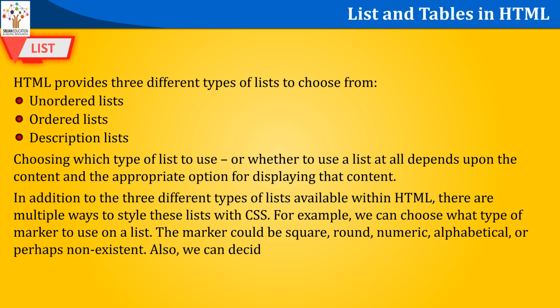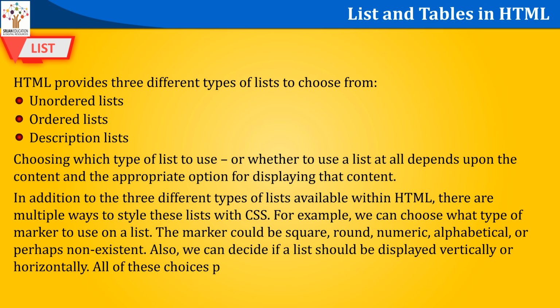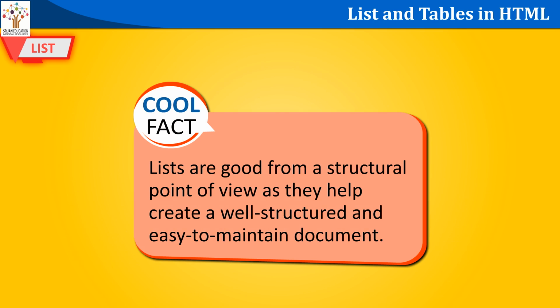Also, we can decide if a list should be displayed vertically or horizontally. All of these choices play significant roles in the styling of our web pages. Cool fact: lists are good from a structural point of view as they help create a well-structured and easy-to-maintain document.